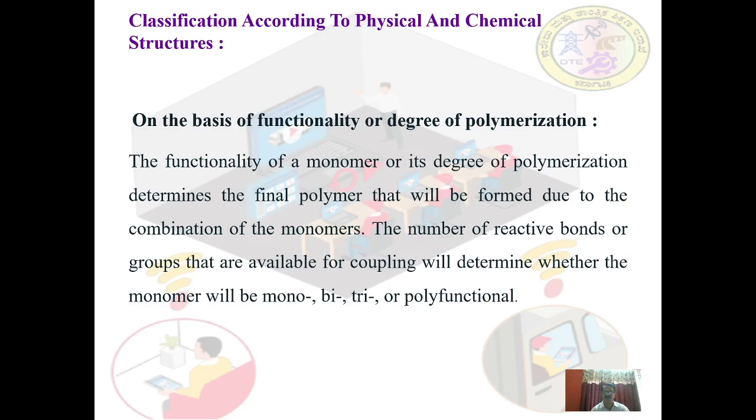The number of relative bonds or groups that are available for coupling will determine whether the monomer will be monofunctional, bifunctional, trifunctional, or polyfunctional.